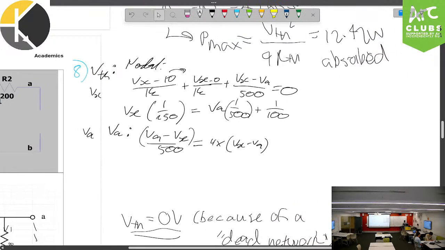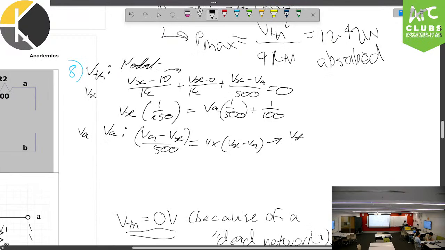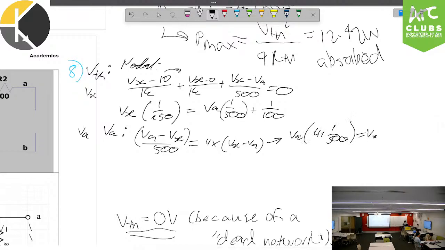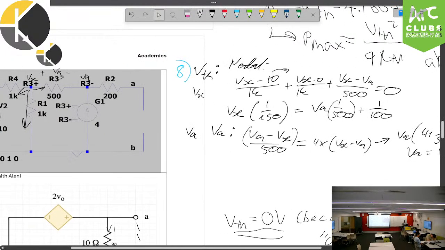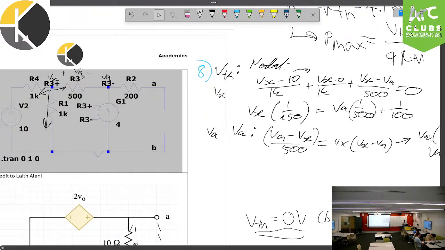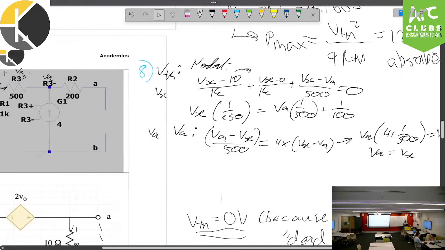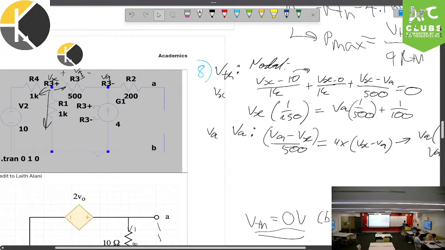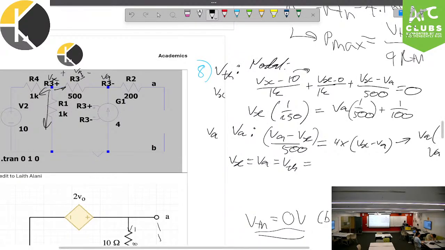VA times 4 plus 1 on 500 equals Vx times 4 plus 1 on 500, so Va equals Vx. In other words, there is no current going through this 500 ohm resistor. Rather riveting stuff. So Vx equals Va equals Thevenin, which is what we're looking for.